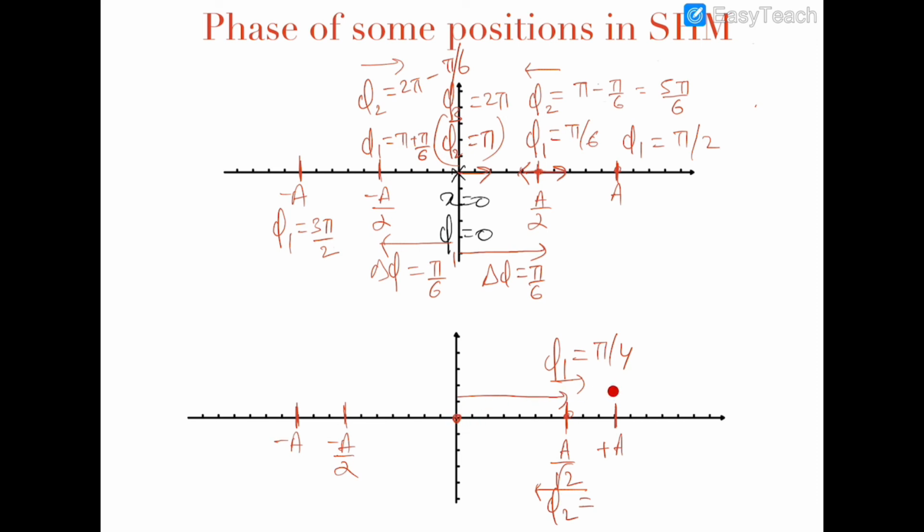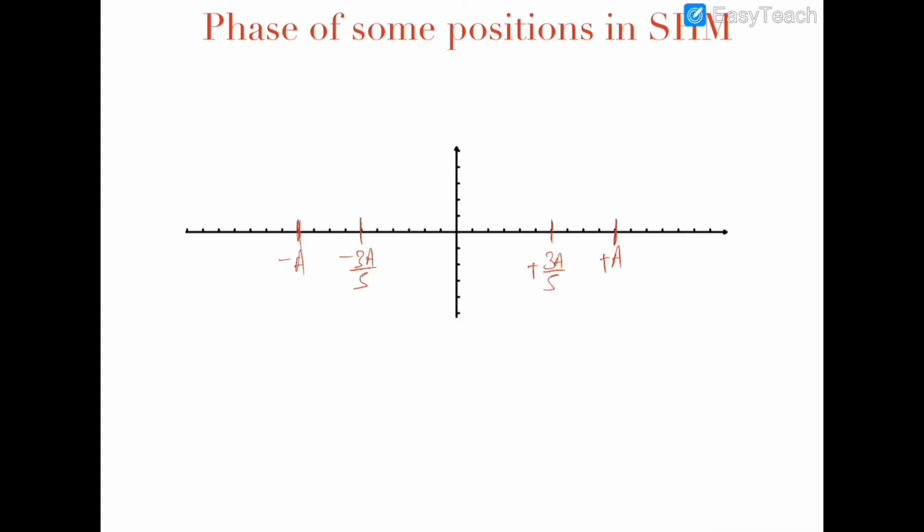In fact, it has only reached a by root 2. So the phase of this position a by root 2 would be pi minus pi by 4, that is 3 pi by 4. Okay, so we already know the phase of this position also, minus a by root 2.